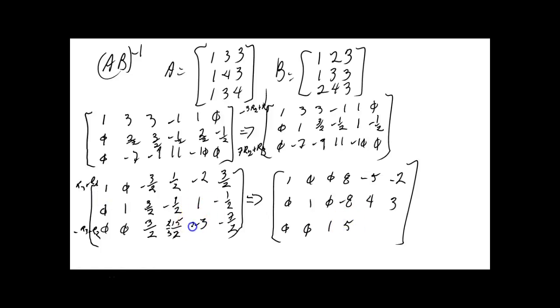And then 2/3, then it'd be negative 2, right? Yep. And then it would be negative 7/3. How did we wind up with just one fraction there? I hope that's right. And look at what we got: 8, negative 5, negative 2, negative 8, 4, 3, 5, negative 2, negative 7/3.